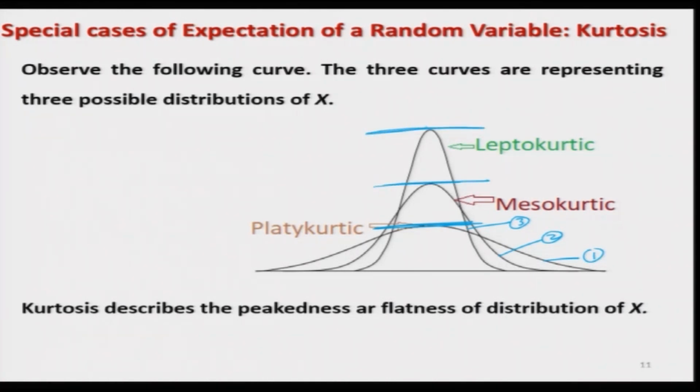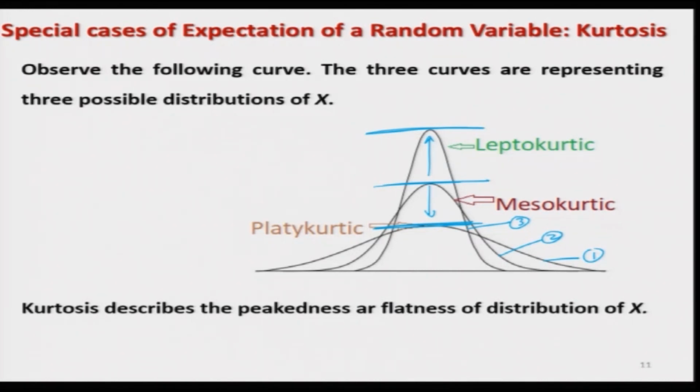You can see that if you compare the humps, the hump of curve number 1 is smaller than the hump of curve number 2, and the hump of curve number 3 is higher than the hump of curve number 2. So, we compare the humps with respect to curve number 2. The question is how this curve number 2 will come into existence, which I will try to address.